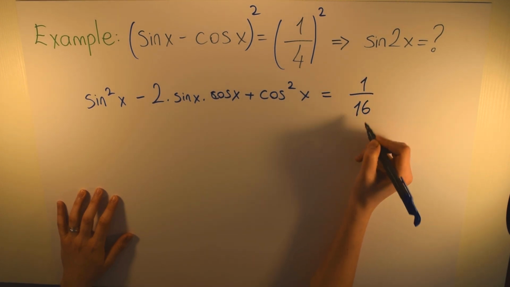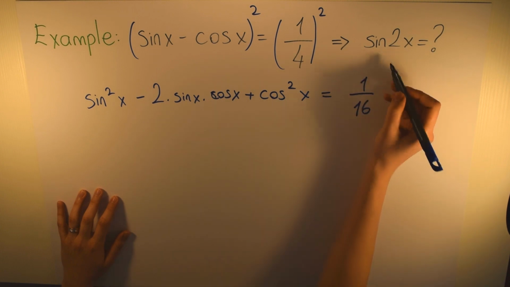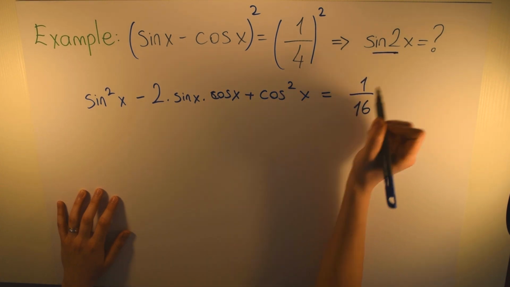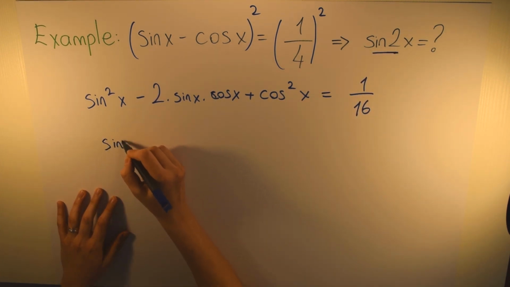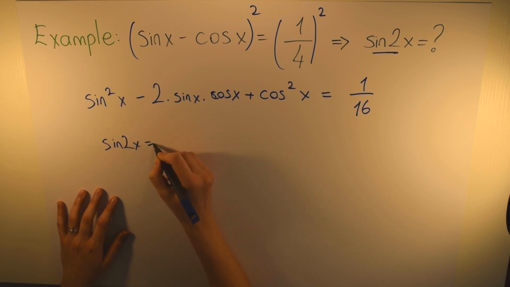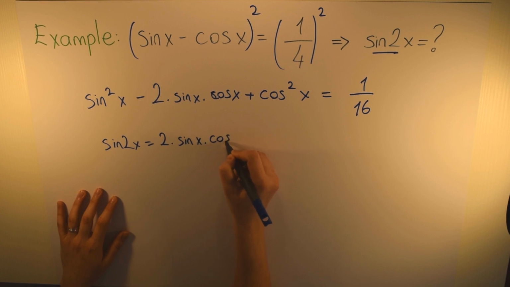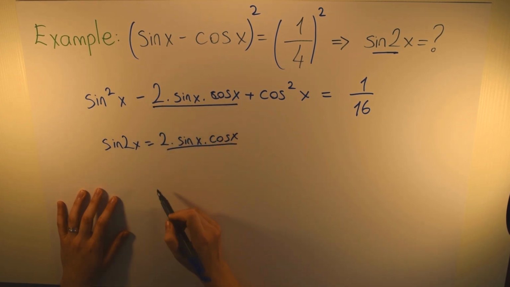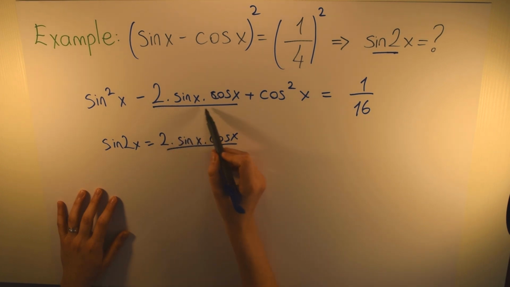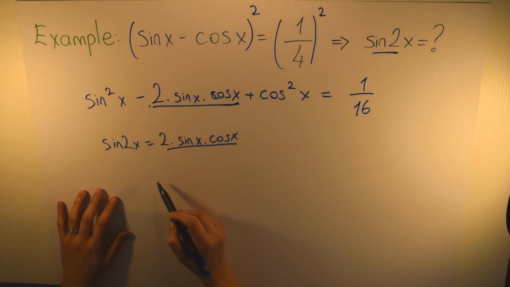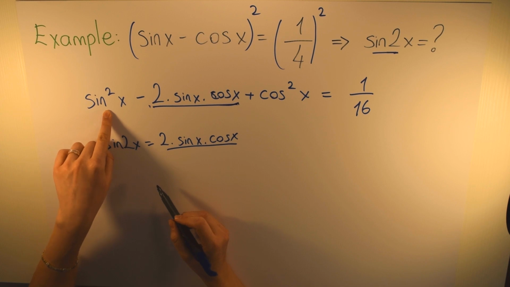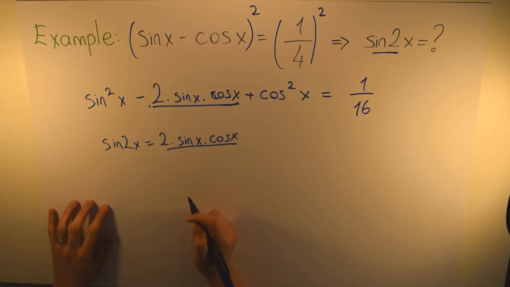Squared, it is 16. Sine 2x, we just learned that we can write this as 2 times sine x times cosine x, right? You see, we have this here. So all we need to do is to find this value. We know that sine square x plus cosine square x is equal to 1.